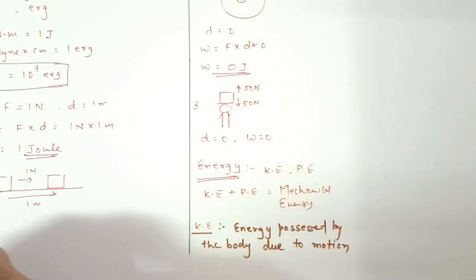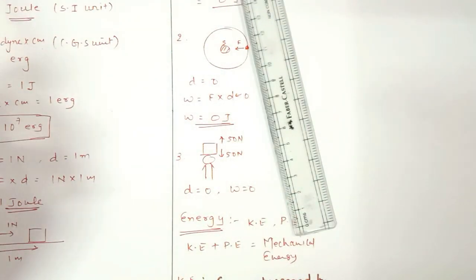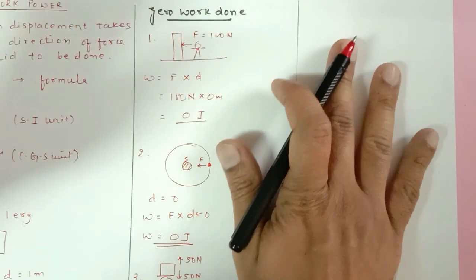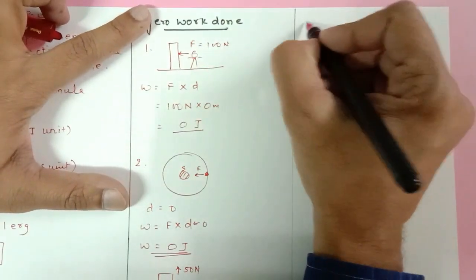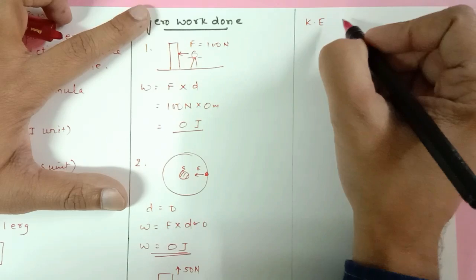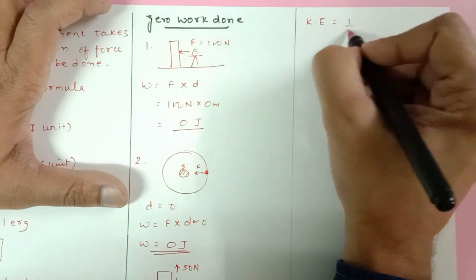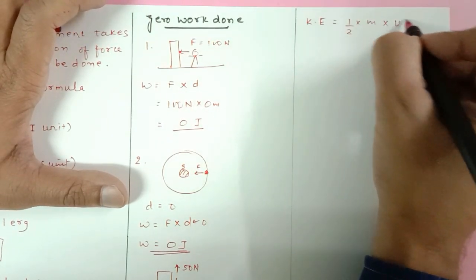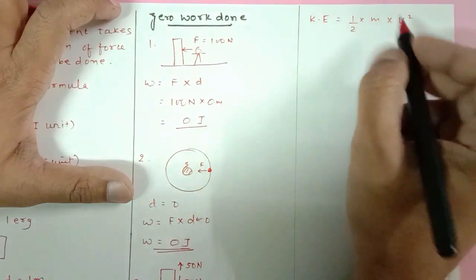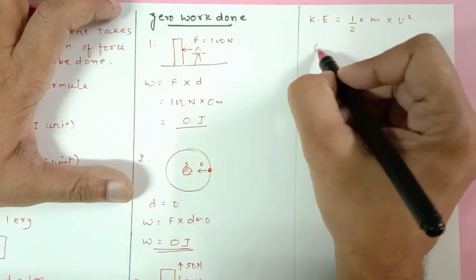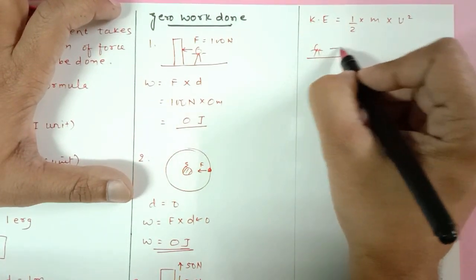Correct, energy possessed by the body due to motion. Now kinetic energy, represented by KE, has the formula half into m into v square. That means we can consider a man moving with speed v.